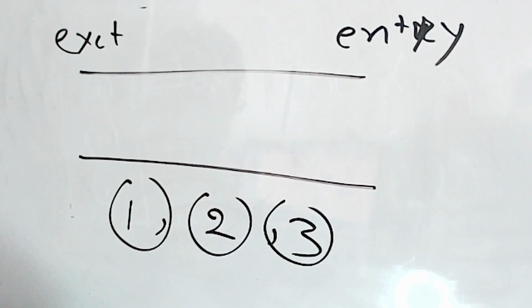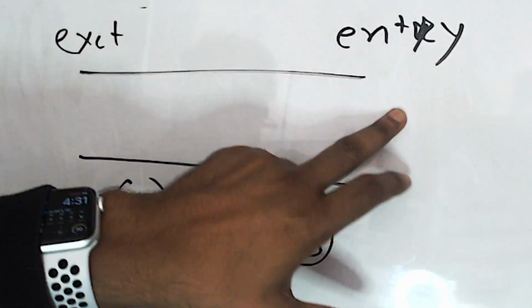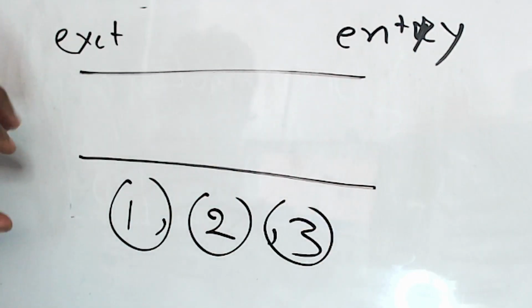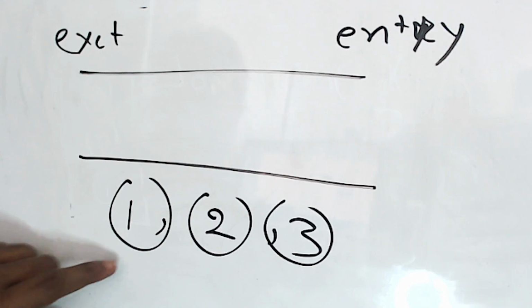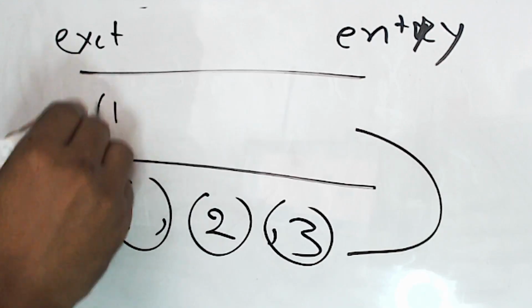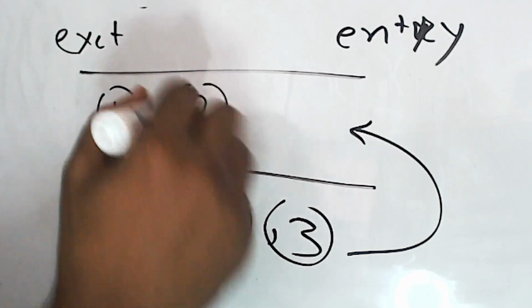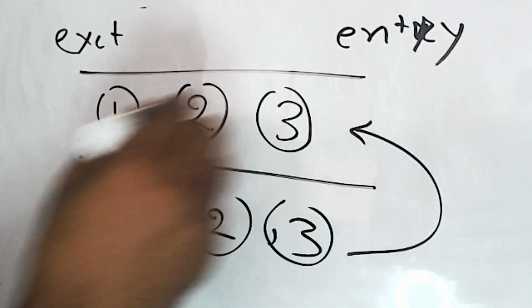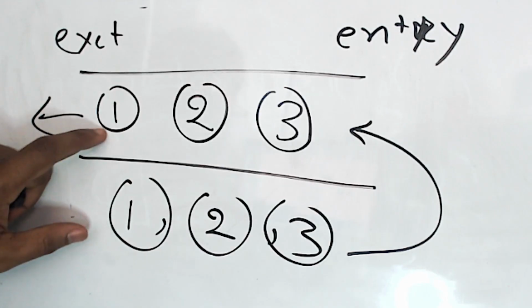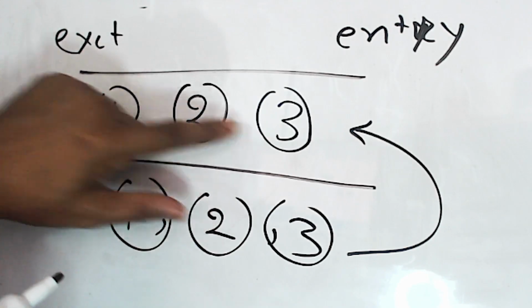In this pipe, we can put items using the entry, and we can extract items using the exit, and that is the rule. When you put 1, it will go here, and then we put 2 here, then 3 here. Now when we extract items, the first item we extract is 1, the second is 2, and the third is 3.